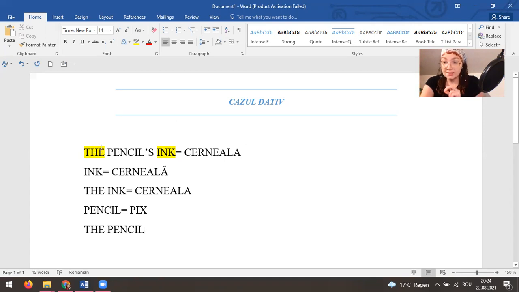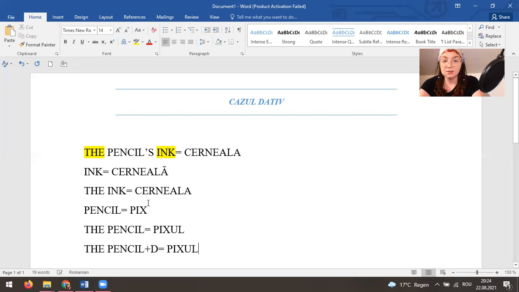Once as the normal nominative, the normal pencil with the required article, pixul. But we will not write there cerneala pixul, because we need a dative, because we are in casul dativ. So we do the pencil plus dative.